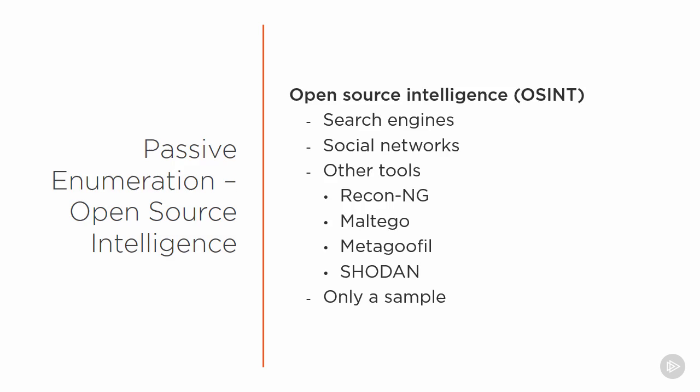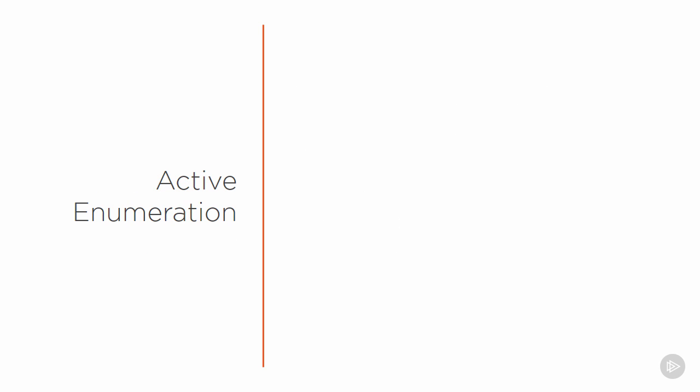Active enumeration and discovery also allows you to move towards more intrusive detection capabilities by performing activities such as ping sweeps, where you'll be able to use ICMP to identify responding hosts. Port scans to identify ports that are actively responding to requests. OS fingerprinting to understand which operating systems you are targeting.